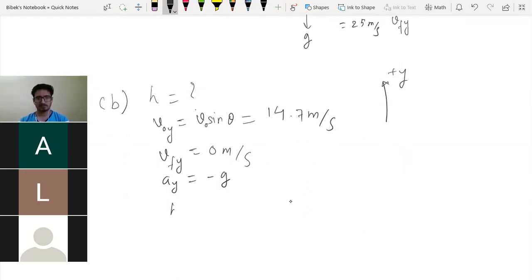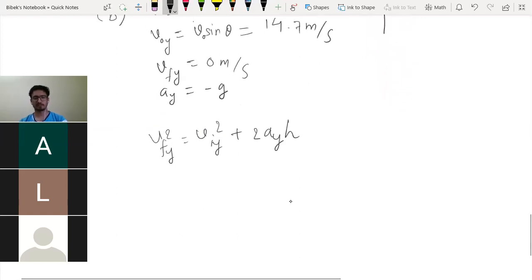The h is unknown, so you need to use one of the most important equations in kinematics: the final velocity squared is the initial velocity squared plus 2 times acceleration a_y times the distance h. That's the equation of motion we'll be using here.